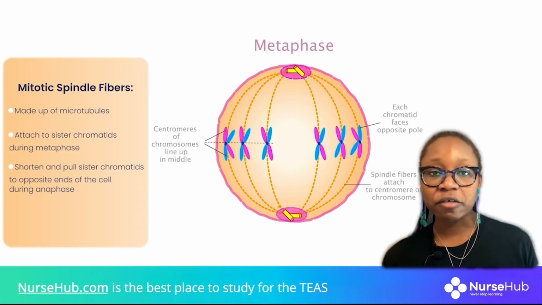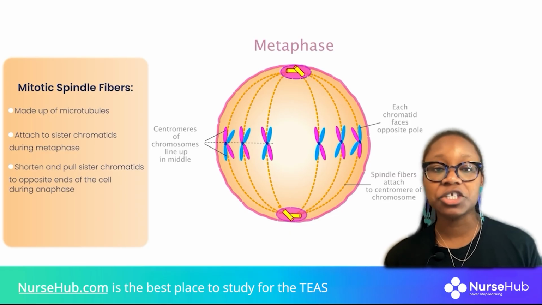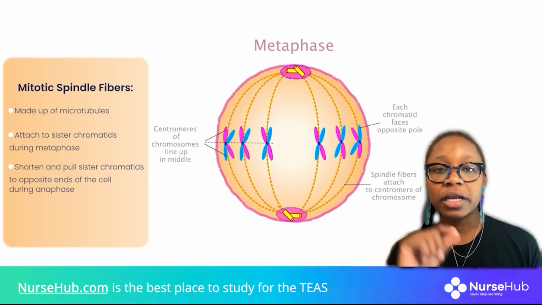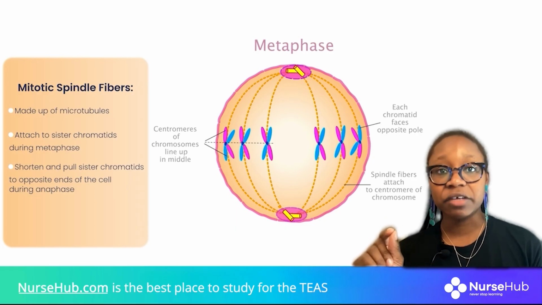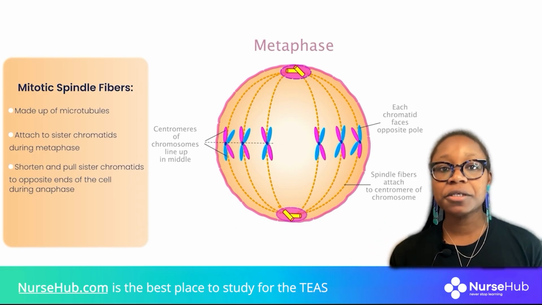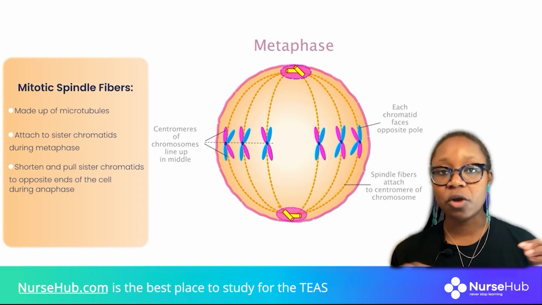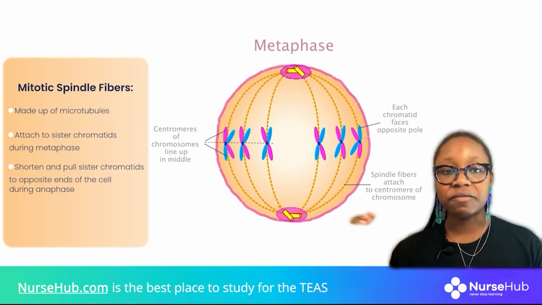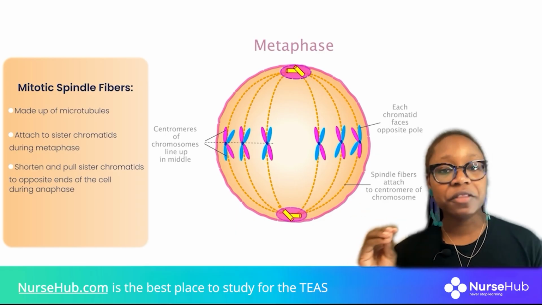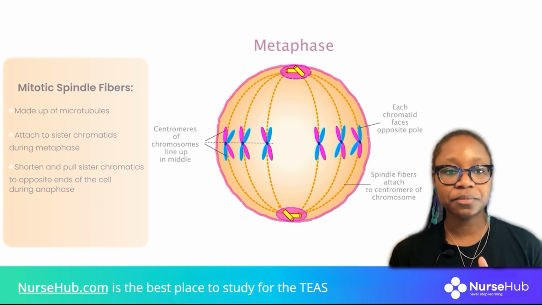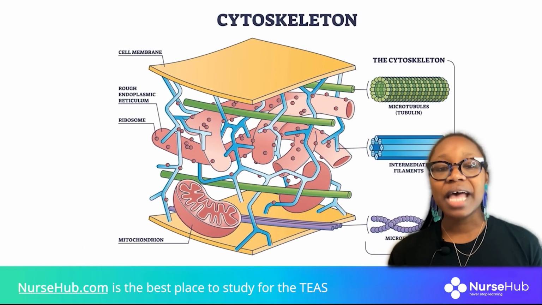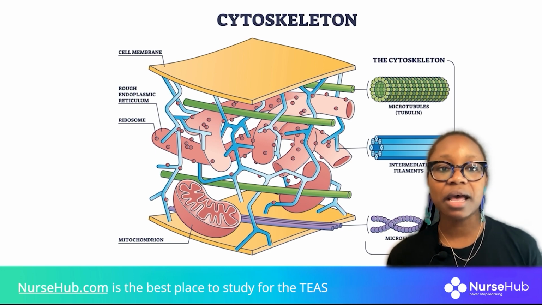One end of the spindle fibers attaches to the center of each sister chromatid, while the other end of the fiber attaches to one of the two centrosomes at the end of each cell. The spindle fibers begin to shorten and pull the sister chromatids apart to opposite ends of the cell. Again, you'll learn more about this process in our mitosis lesson later on in this course. As you can tell, the cytoskeleton plays a critical role in the structure and function of a cell.